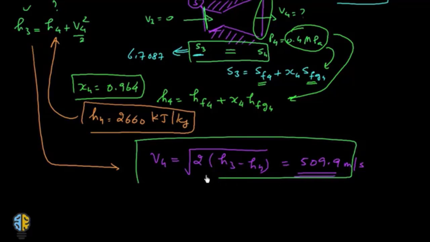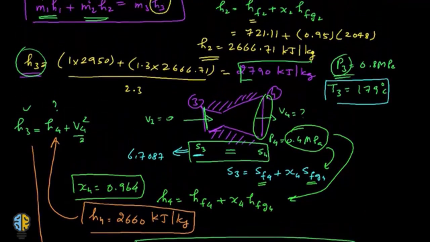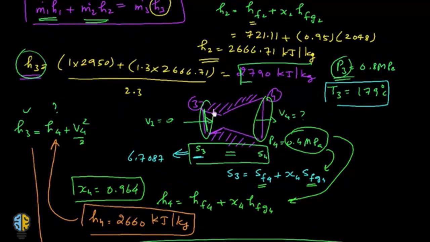Now a very key point that you need to understand in this question is that when you make use of this particular state to do the calculation for the nozzle part, you need to have the temperature also. Because we just had the enthalpy at state 3, we also need the temperature. How do you find out the temperature? I am repeating again.